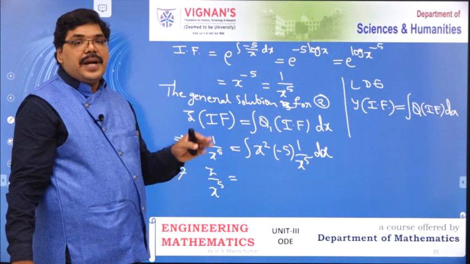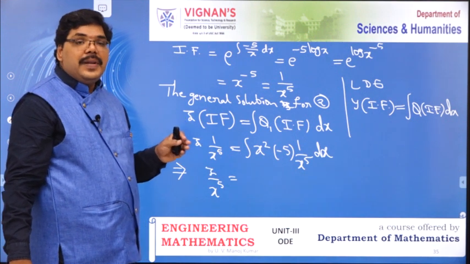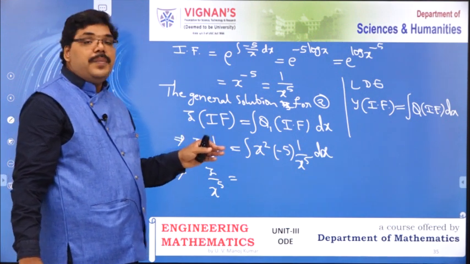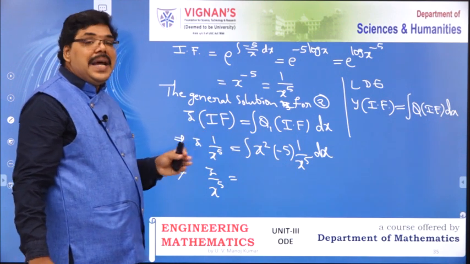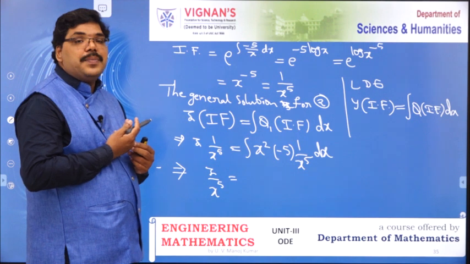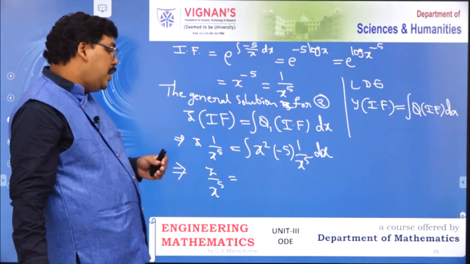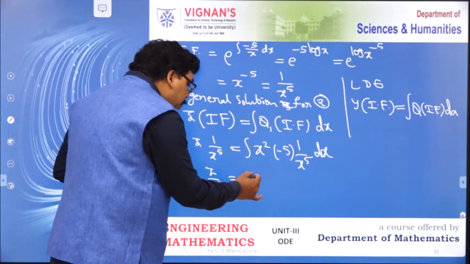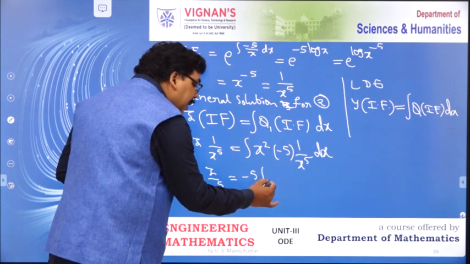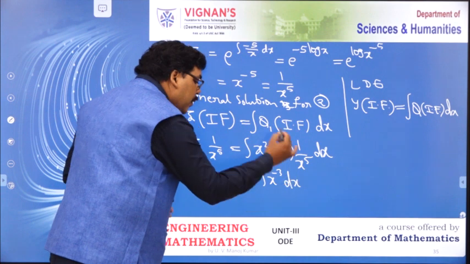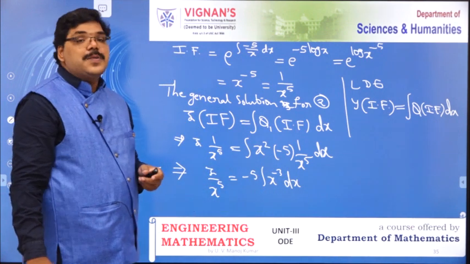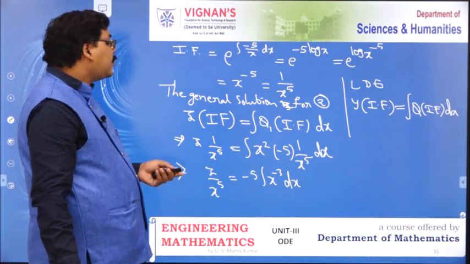The resultant power will be minus 3, so x square by x power 5 is x power minus 3. So what I will get is minus 5 into integral of x power minus 3 dx. What is the integral of x power minus 3?